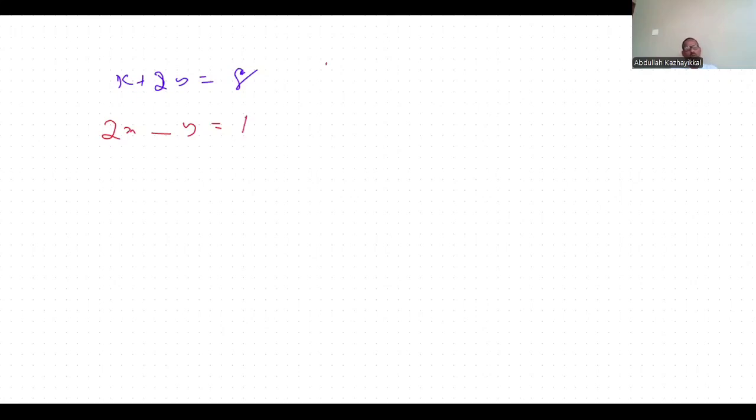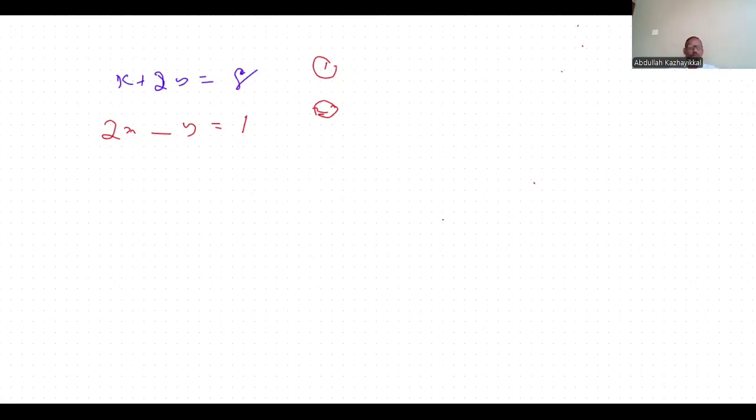Now how can we solve this one? We told only one solution. How can we solve this? All of you please listen. Try to solve x plus 2y is equal to 8.